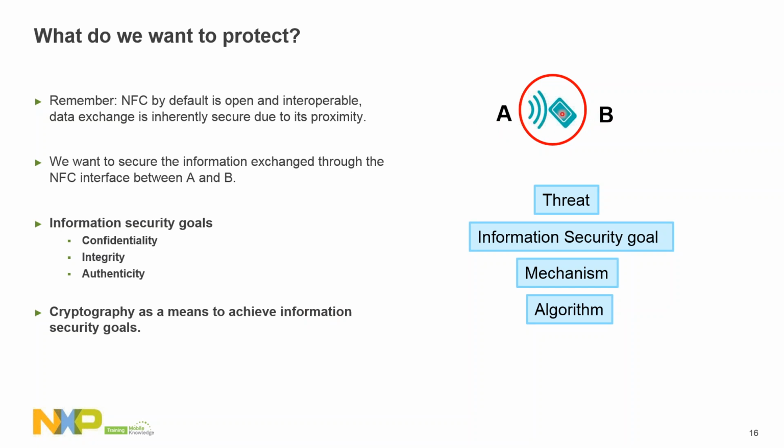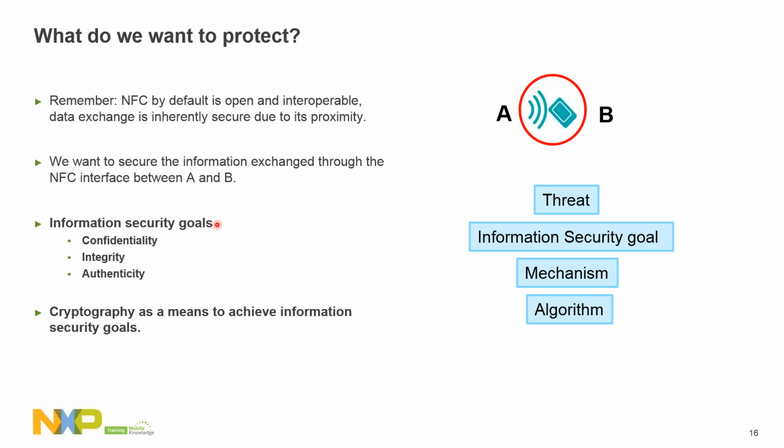In fact, securing the data exchange can mean various things depending on which information security goal we want to achieve. It is not the same to ensure confidentiality as to ensure integrity, and we will review this later in the coming slide. Here is where cryptography kicks in.